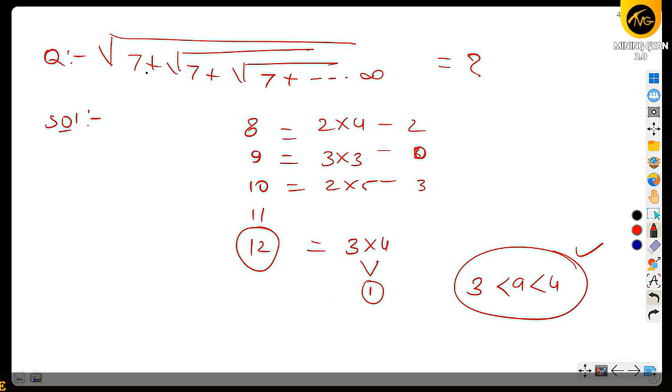Now suppose there is a minus sign instead of plus. That means we have to use the smaller number of 7 which can be easily broken down into factors with a difference of 1.